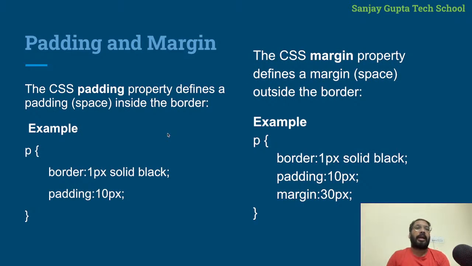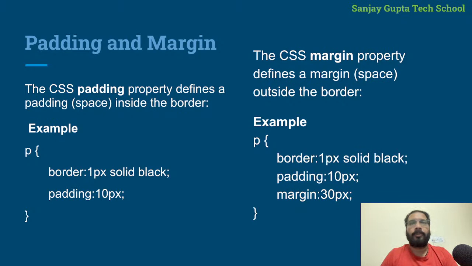How can we apply that? Here you can see on the left-hand side, with the P element, if we apply a border, we can apply padding as well. Padding means the distance between the text and the border, and outside the border, if you want to give some space, you can use the margin.